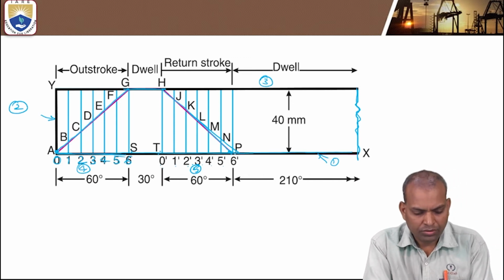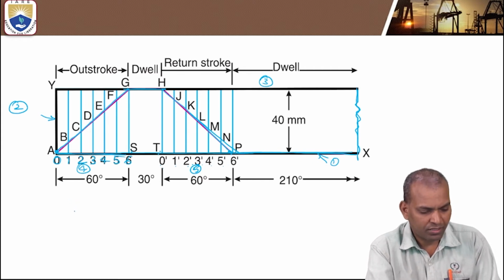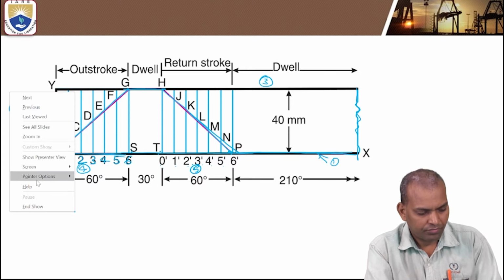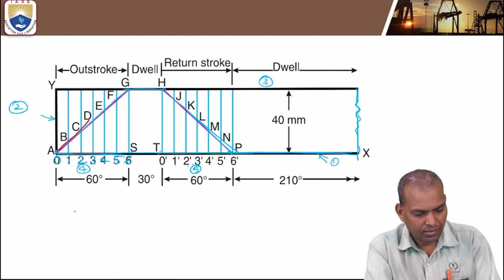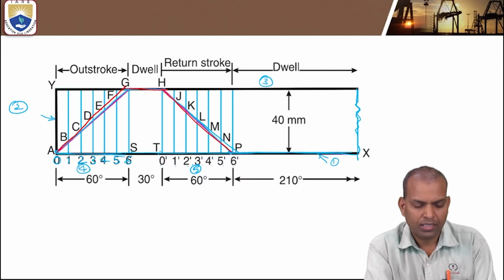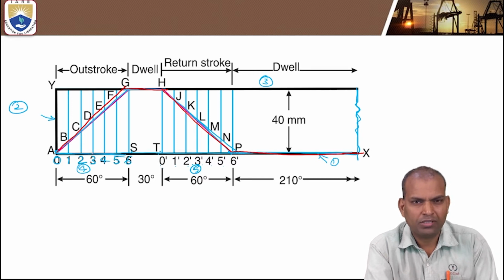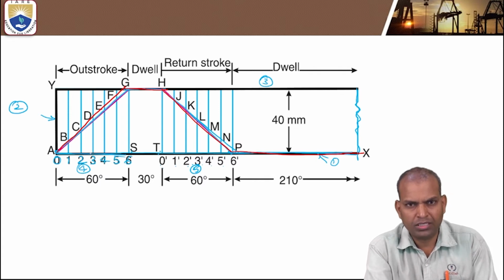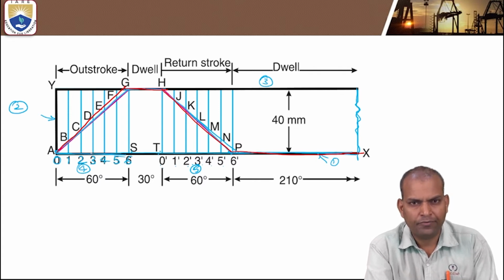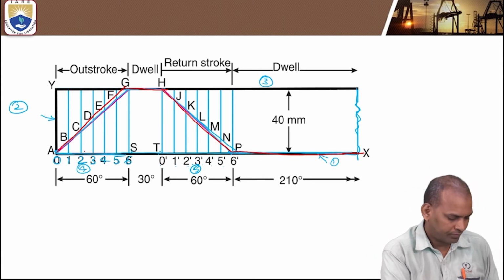Now join the straight lines. This is the displacement curve: AG, GH, HP. This red color curve represents the displacement curve of a knife edge follower having uniform velocity.